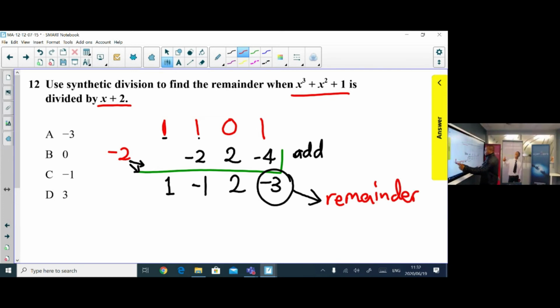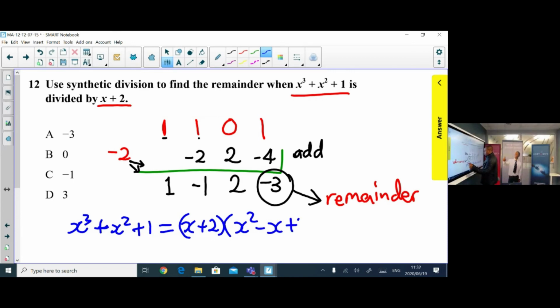And if I wanted to write this expression in a simpler way now, I could say x cubed plus x squared plus 1 can be expressed simply as x plus 2 into x squared minus x plus 2, remainder 3.